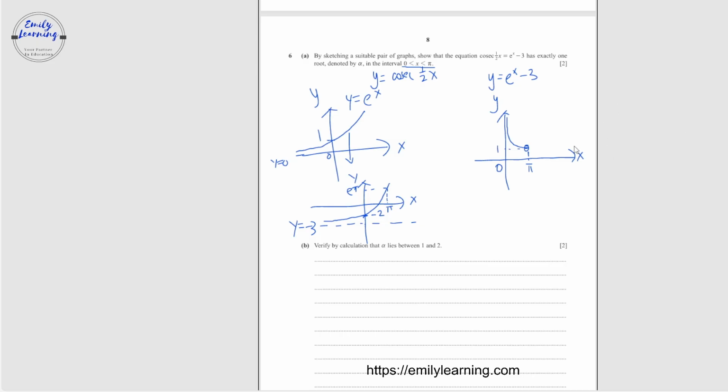So I know that I will go from minus 2, which is here, all the way to e to the power of pi, which is way more than 1. So maybe around here.